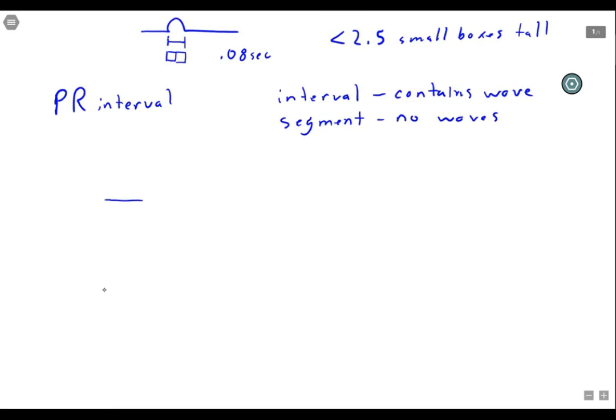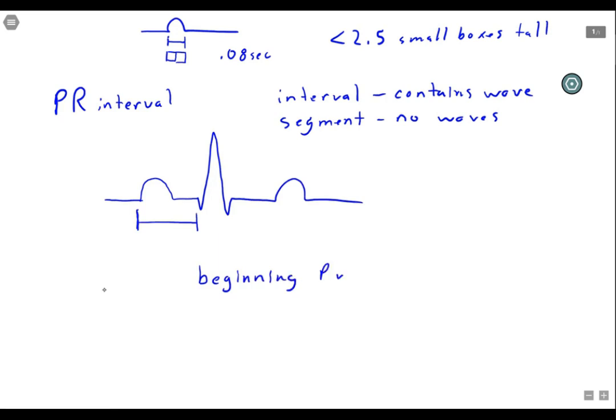So we'll draw our cardiac cycle, our heartbeat. There's a P, our QRS complex, and our T wave. So the PR interval goes from the beginning of the P wave to the beginning of the QRS complex.